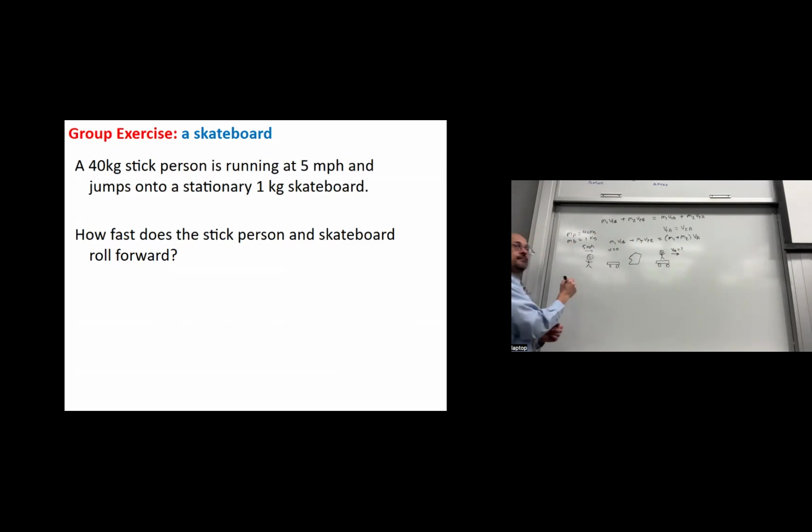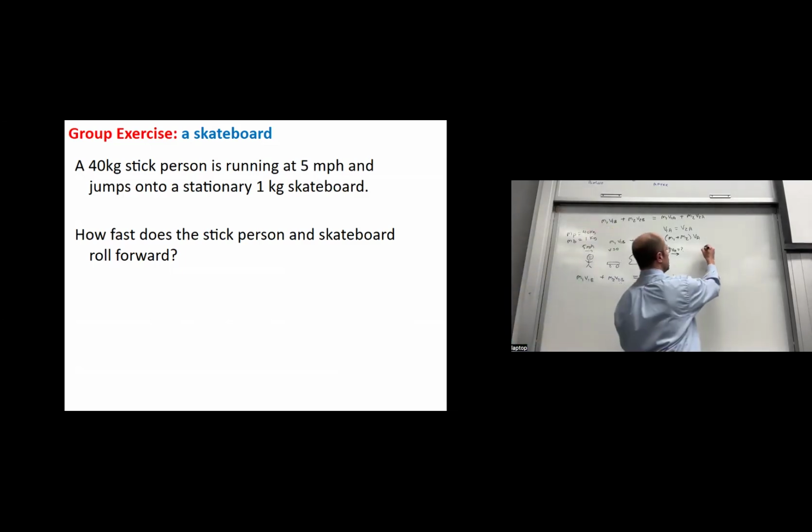So then we can come down here and write our equation: M1 V1 before plus M2 V2 before equals M1 plus M2 times V after. Once we have this, we only have one thing left to do, which is plug in the numbers. But can I plug 5 miles per hour in? No, so we have to convert that. V1 before is 5 miles per hour.